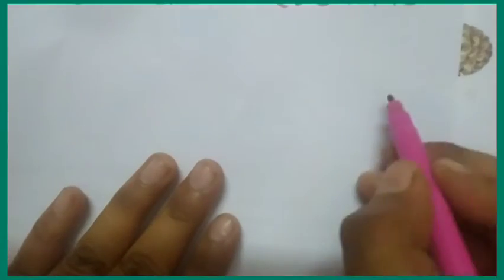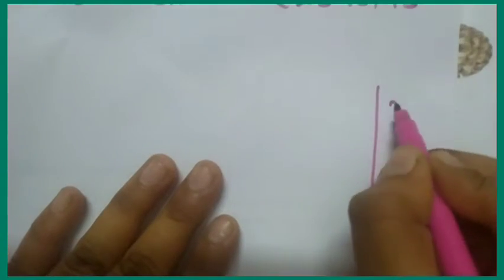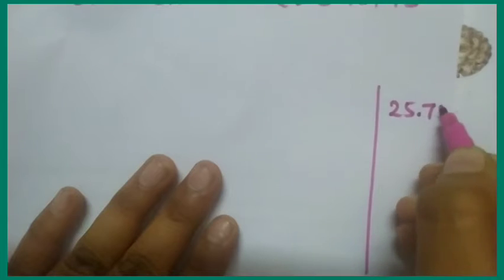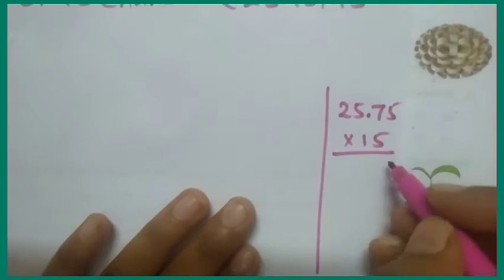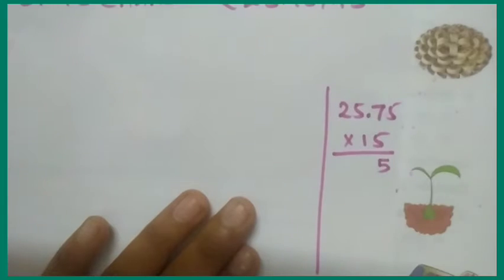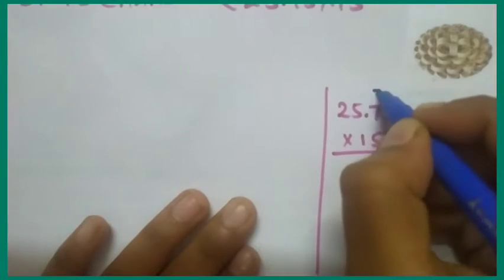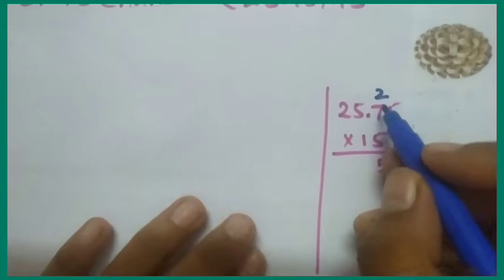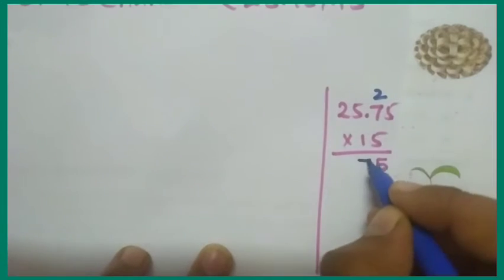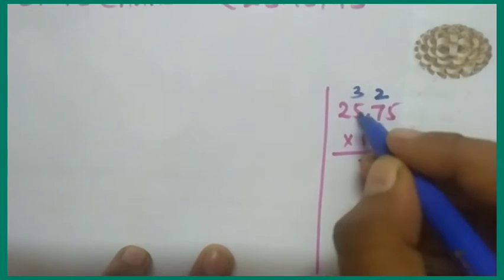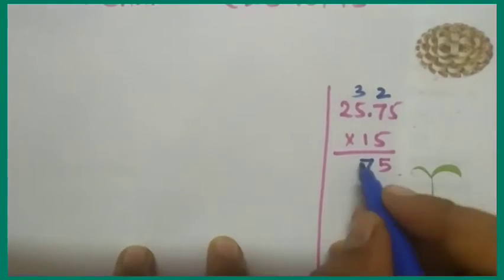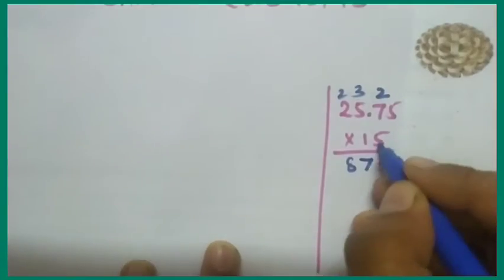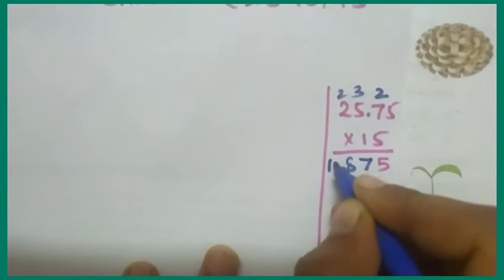Okay, I will do here 25.75 into 15. 5 5s are 25. 5 here, 2 taken as carry. 5 7s are 35. 35 plus 2, 37. 5 5s are 25. 25 plus 3 is 28. 5 2s are 10. 10 plus 2 is 12.